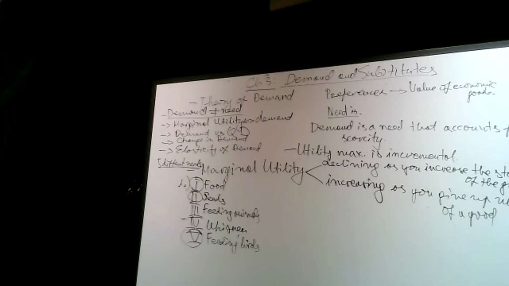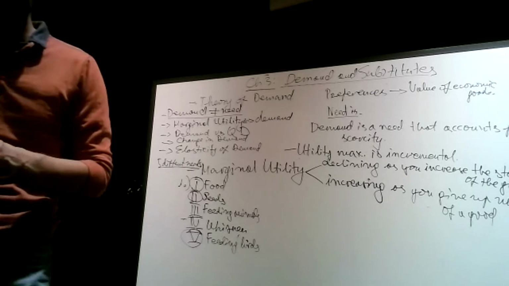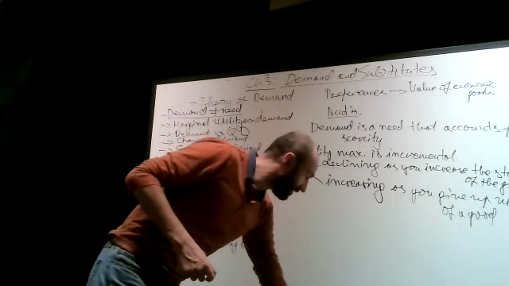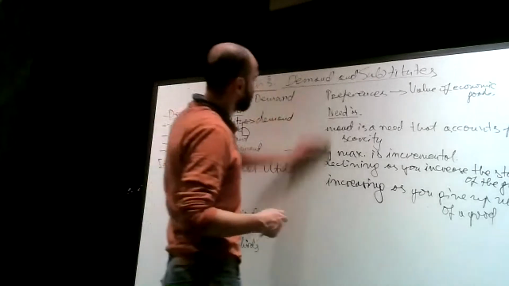Okay, so now what is the relationship between marginal utility as described and the concept of demand? We can think of it in the following way. We can plot it like this.